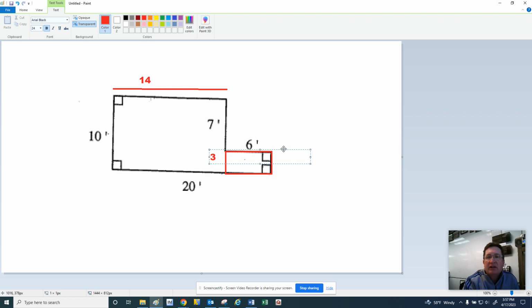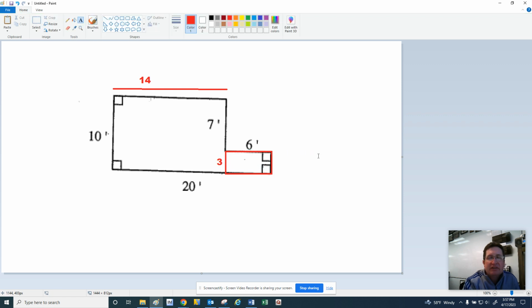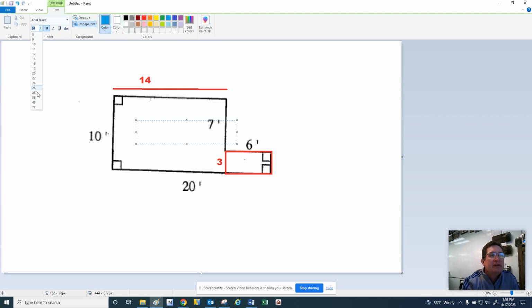We've got two rectangles essentially, one that's 14 by 10 and one that's 6 by 3. That means the area in that rectangle is 140, and in this rectangle would be 18.